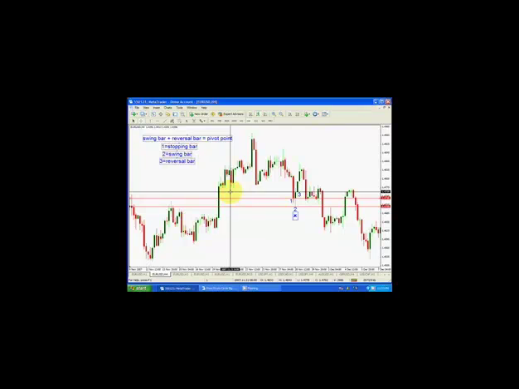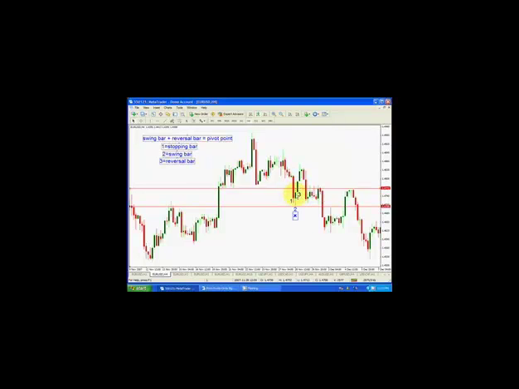So now we know that our stops can be arranged from anywhere of the pivot point all the way down to the low of the swing bar, and we've seen that some entry points are illogical, hoping for a pullback after the breakout or reversal pivot bar of the high from the swing bar.